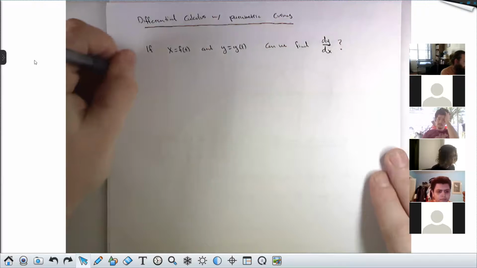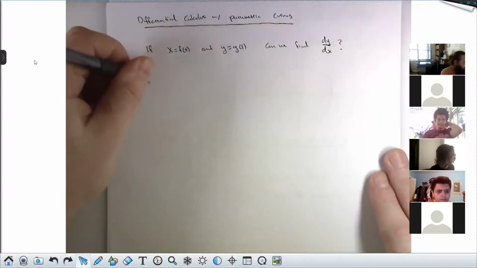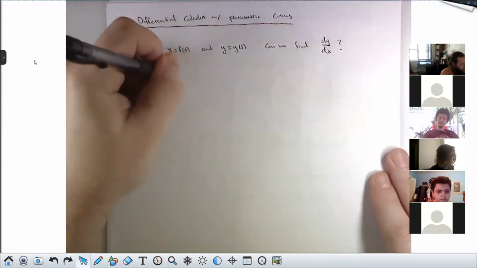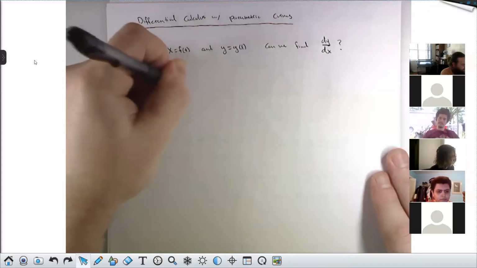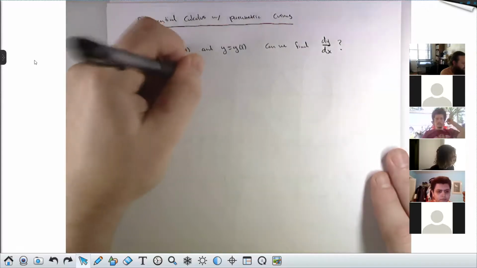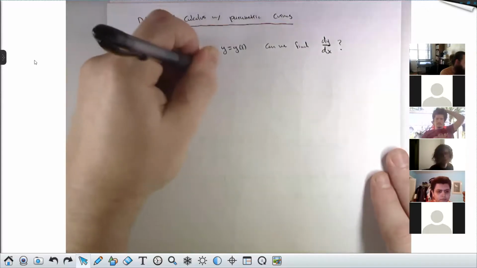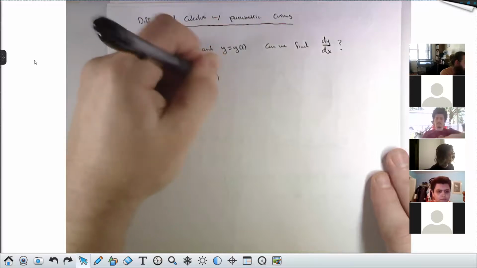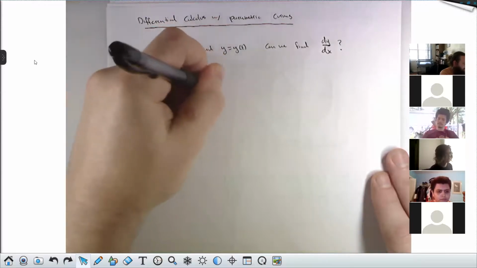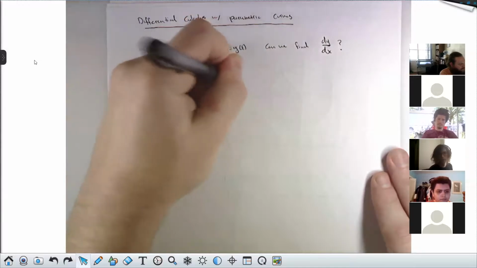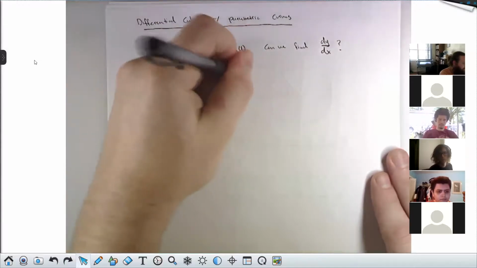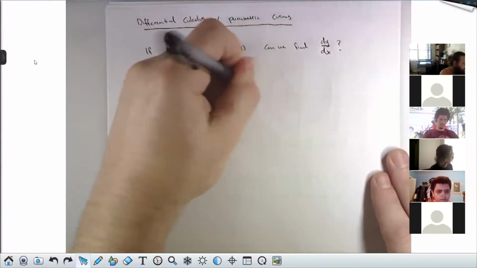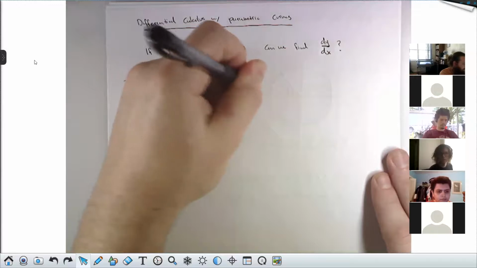Theorem. dy dx is equal to dy dt over dx dt. Or in the notation I have over here, it would be g prime of t over f prime of t.